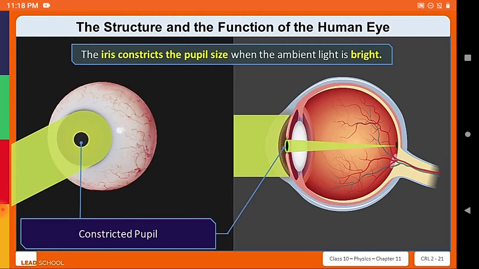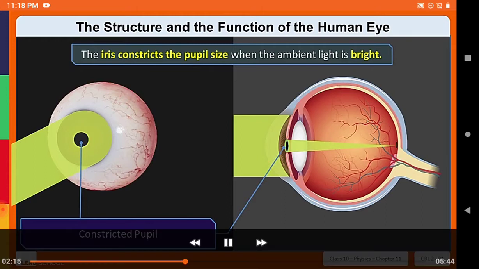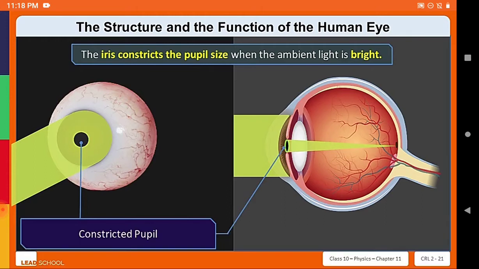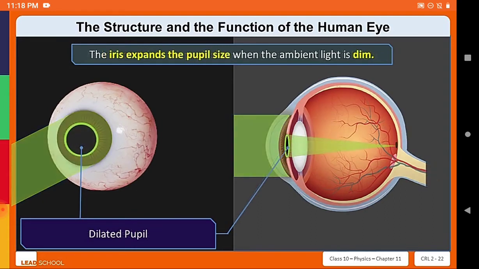When the ambient light is very bright, the iris constricts the pupil to allow less light to enter the eye. But when the ambient light is dim, the iris expands the pupil to allow more light to enter the eye. The pupil appears black to us as no light is reflected by it.